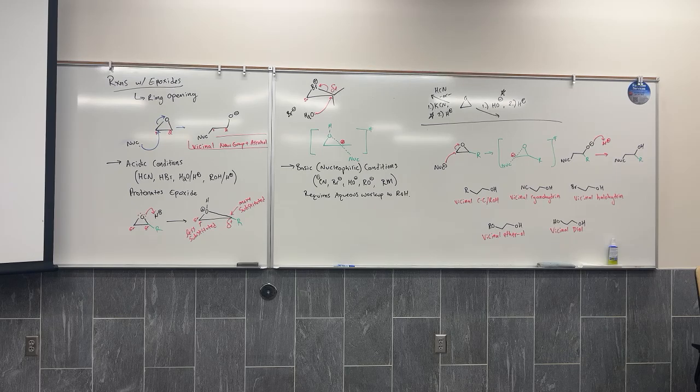Does that make it harder or worse? Wait, let me think about this. Okay, so we could just... wait, it has to be a primary R. That's what I thought.